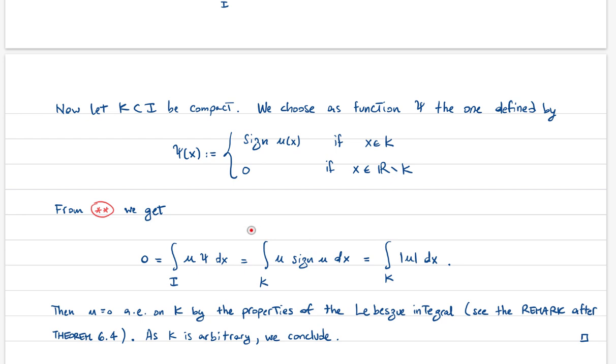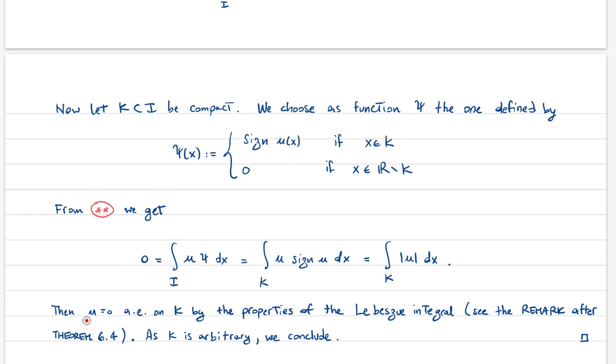But also by definition we know that psi is 0 outside of k, and it's equal to the sign of u inside of k. So this is the integral over k of u times sign of u. And now you can check that u times the sign of u is exactly the absolute value of u. So we just proved that the absolute value of u integrated over k is 0.